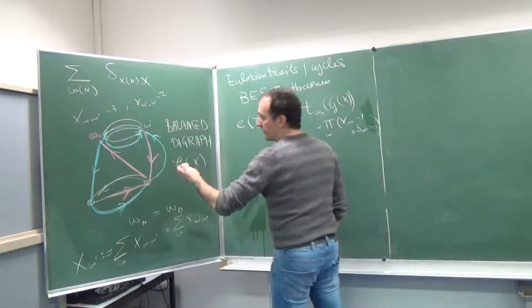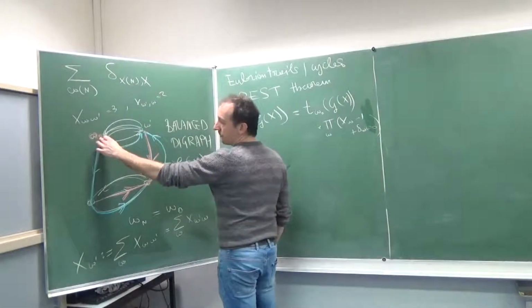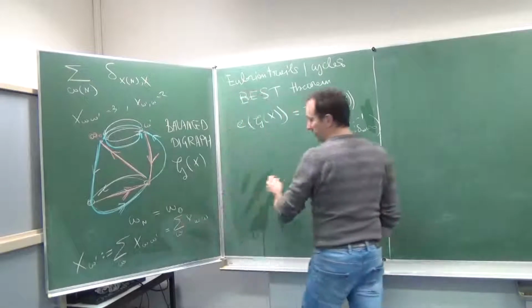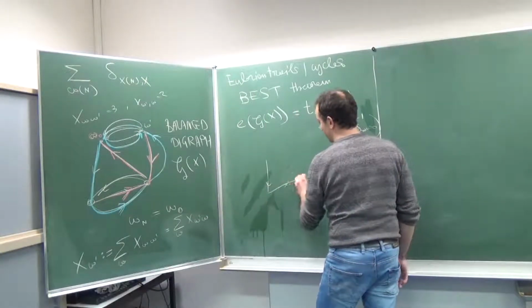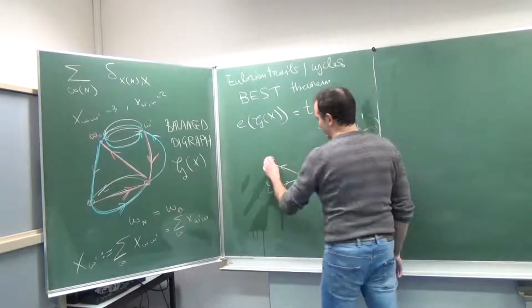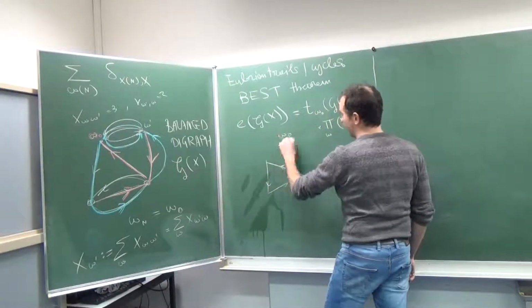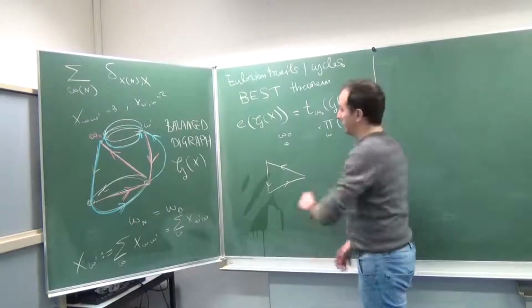So suppose I got back to omega 0 before using these transitions here. Well, omega 0 now is here. I did my Eulerian path, and I went back to this.